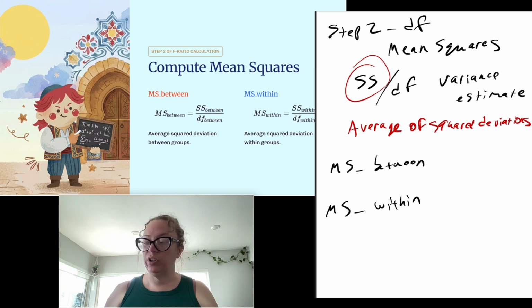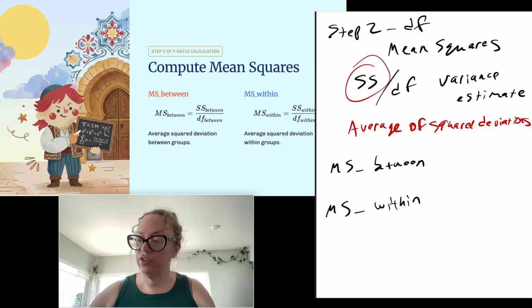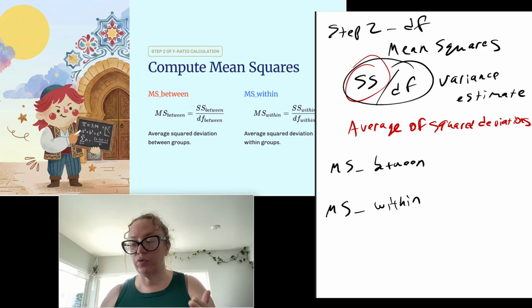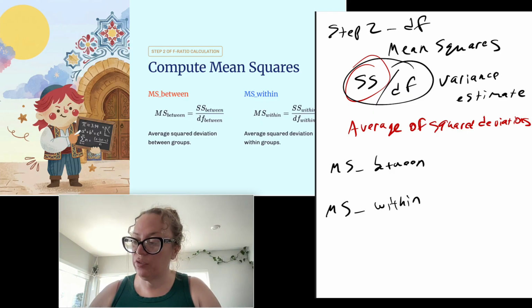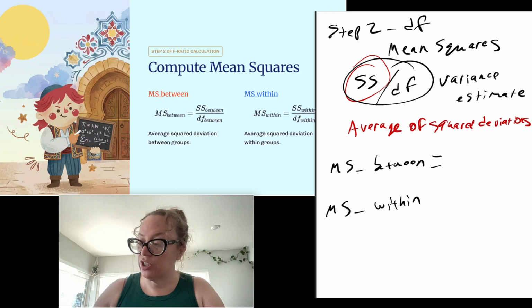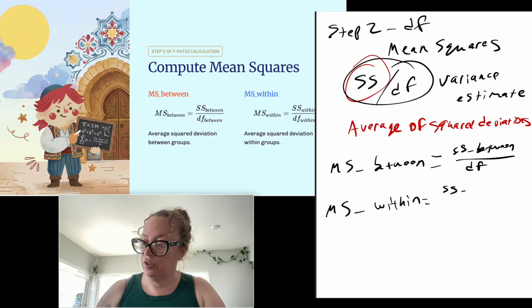It's very simple. And again, it's just SS over degrees of freedom. The variance or the sum of squares over the degrees of freedom. So the formula for getting the mean squares between is you just get the SS for the between bucket and divide it by the degrees of freedom, and you get the SS of the within bucket and divide it by the degrees of freedom.